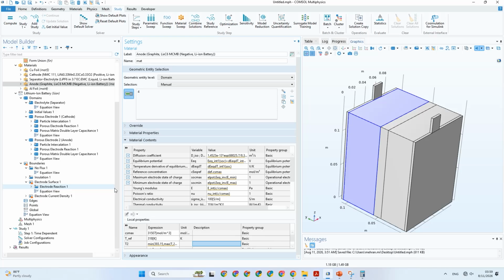Okay. We must add another component. And in that component, we can add temperature.